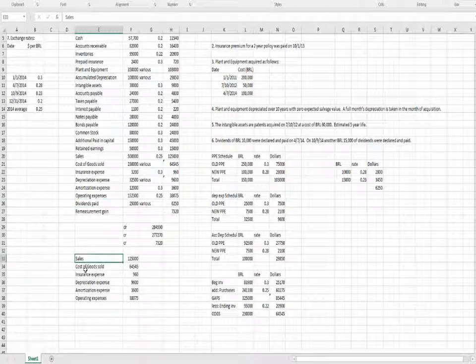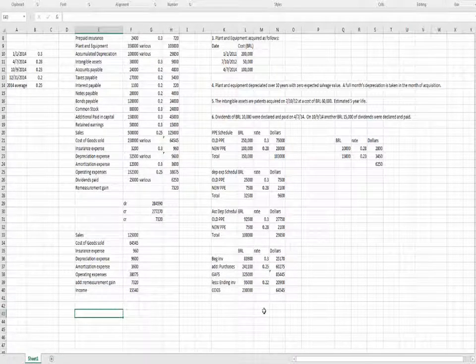So we have our sales minus all of our various expenses, and now at the bottom of that, we're just going to go ahead and tack on that remeasurement gain of 73.20. So our income is going to be sales minus all of our various expenses plus that remeasurement gain. So net income 15,540.